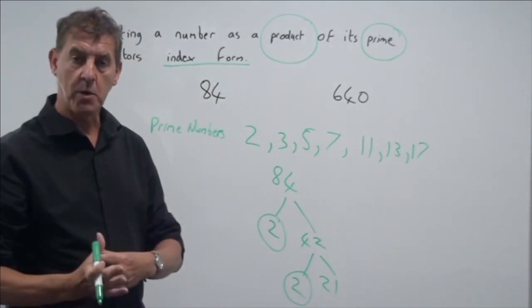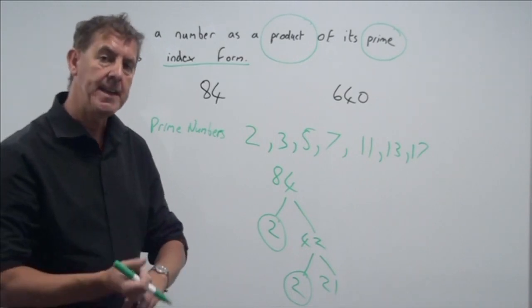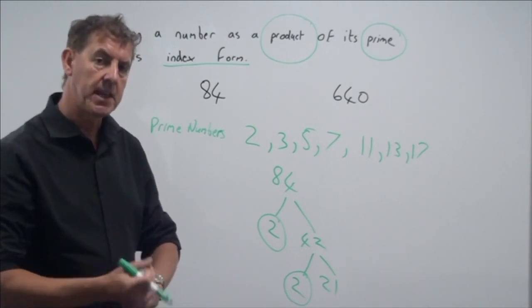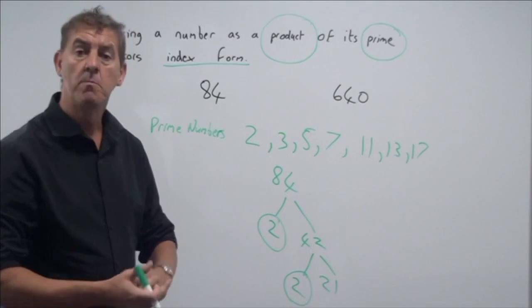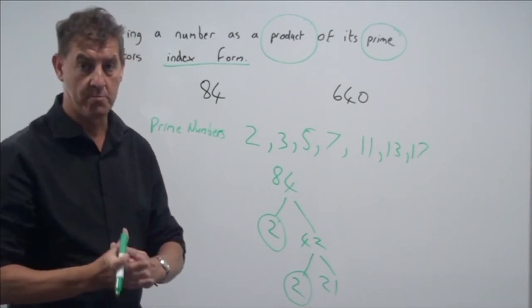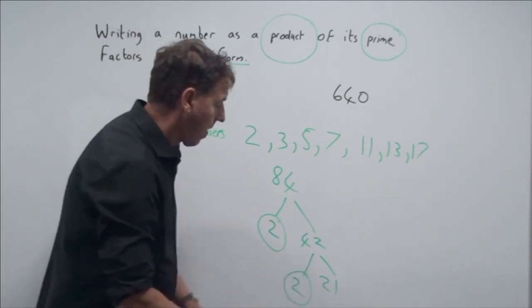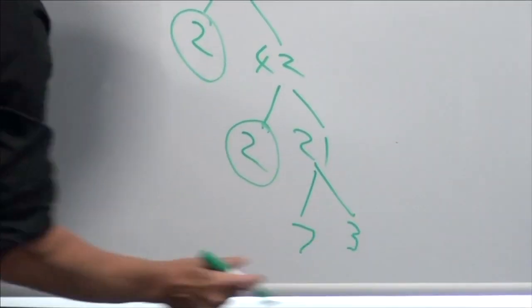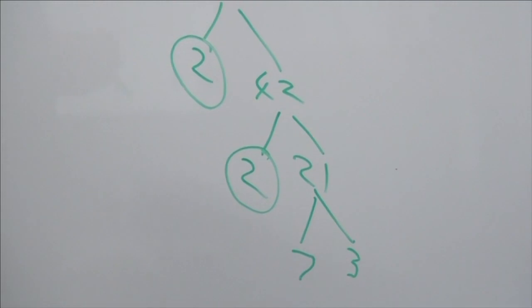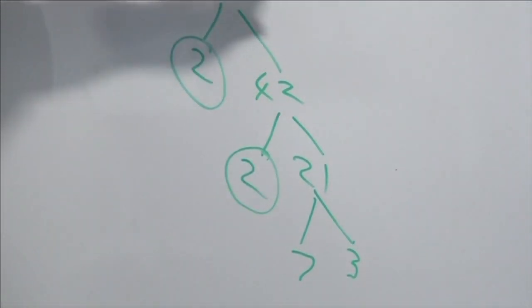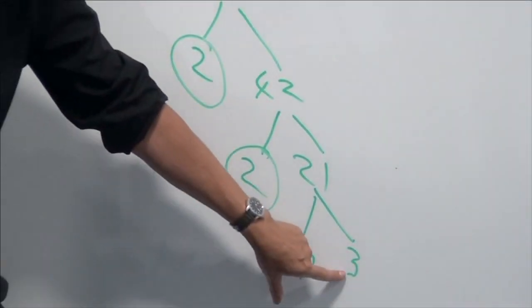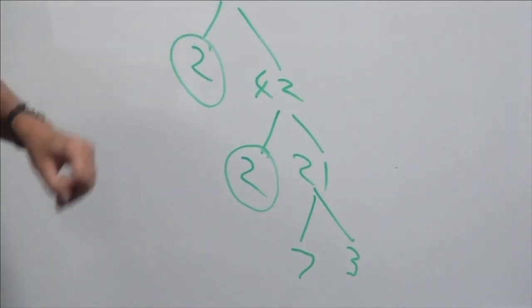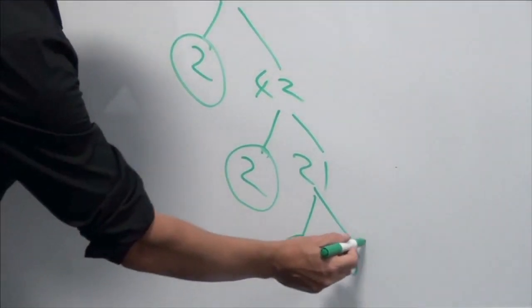Now I'm looking at 21. 21 is not a prime number, so I think of 2 numbers that multiply to make 21: 7 times 3. I stop there because I know 7 is a prime number and 3 is a prime number. Put a circle around them.